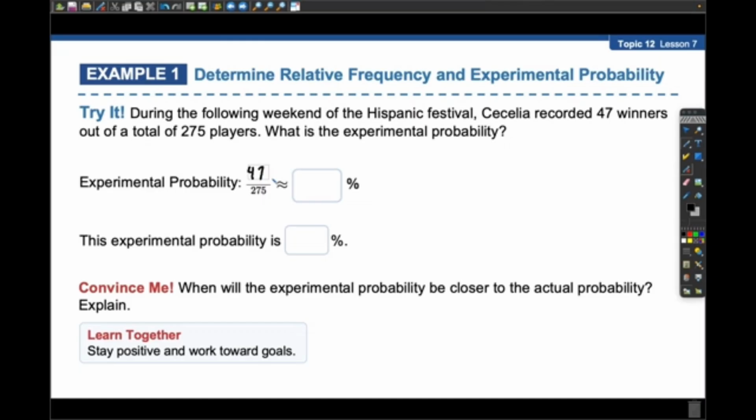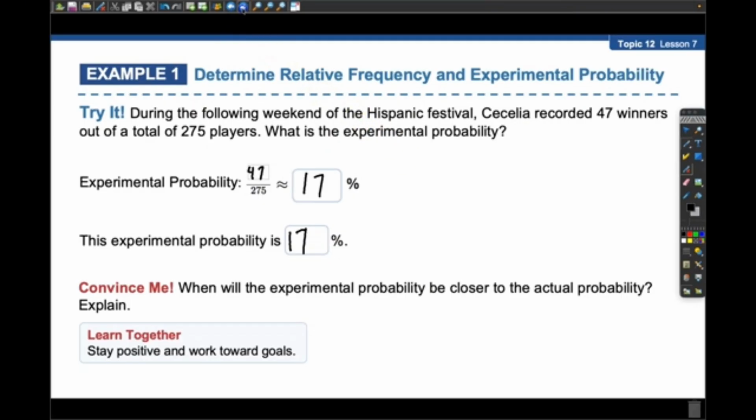So we're just going to say it's about 17%. We're rounding that. Heck, we can go 17.1%, it doesn't matter. It all depends on what the question is asking you. If it says round to the nearest whole number, boom, 17%. If it says round to the nearest tenth, 17.1, okay?